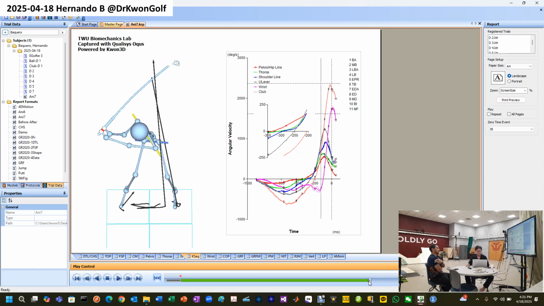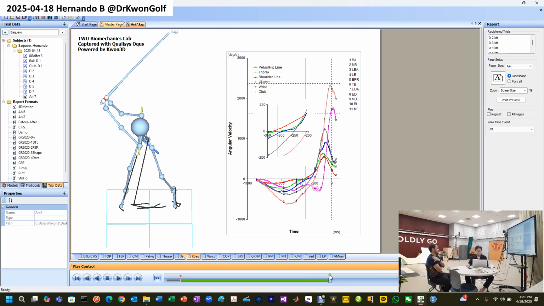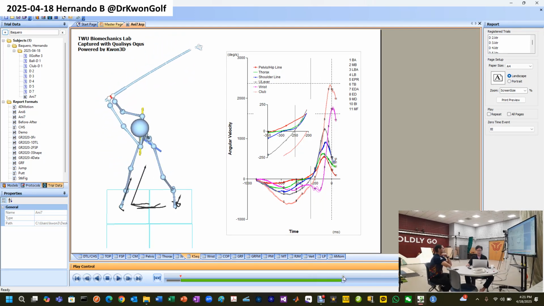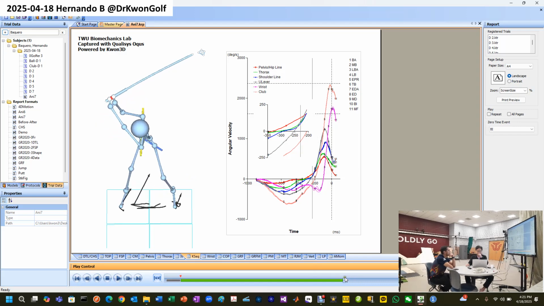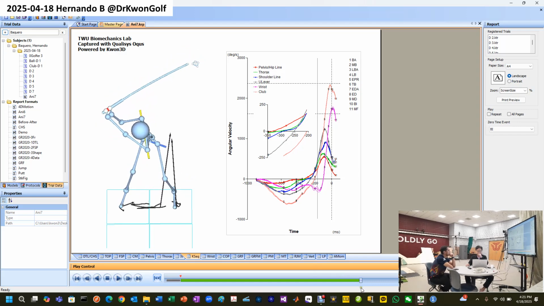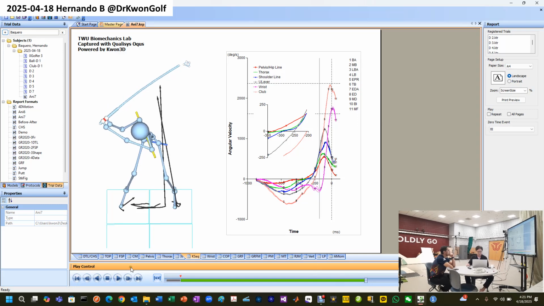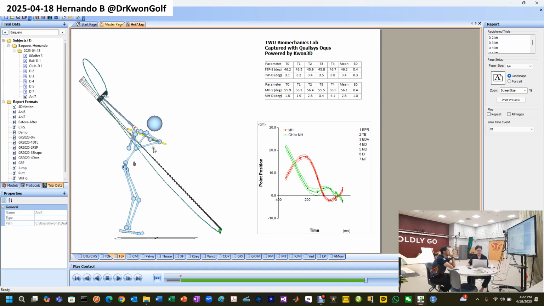I try to give more time in the backswing. The club goes only this much here, and then you have down cocking here. So if you look at this along the swing plane here, it goes high up here and then comes down quickly.